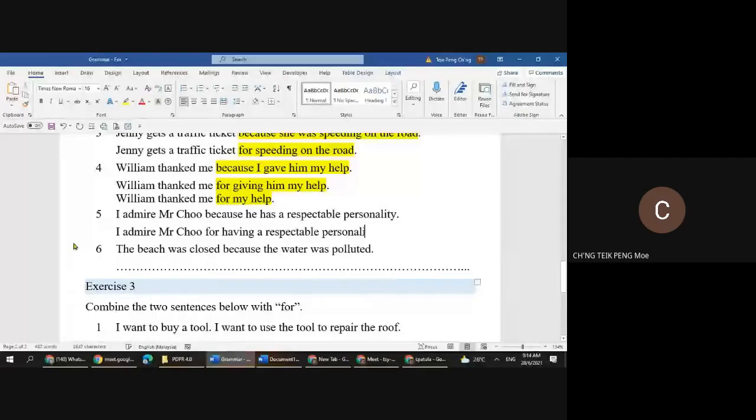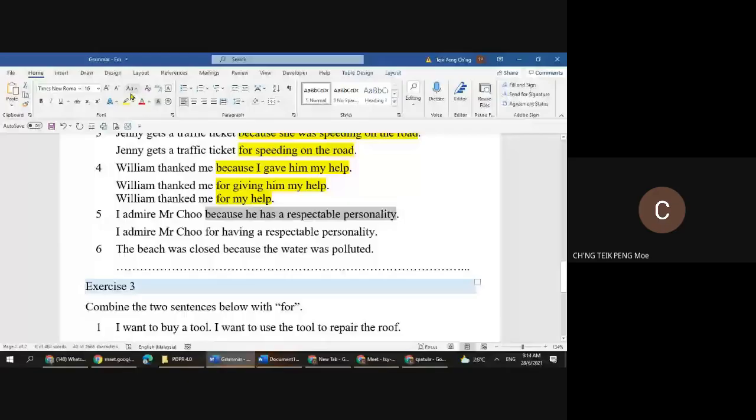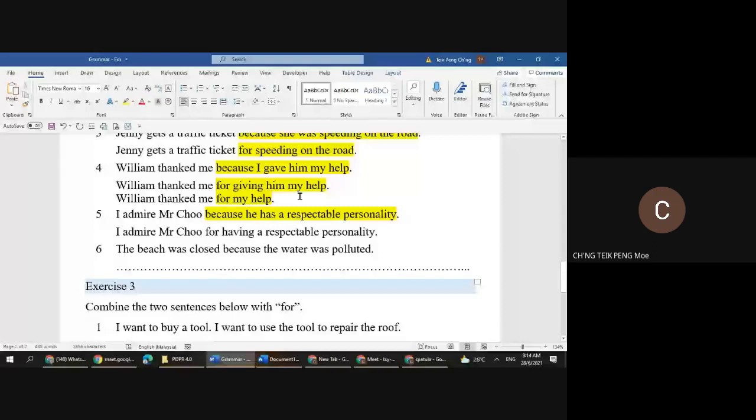Now, because he has a respectable personality, maksudnya personality yang dikagumi. For example, like honesty, kejujuran, responsible, bertanggung jawab. Alright, so like keperibadian yang dikagumi. This is what we call a respectable personality.